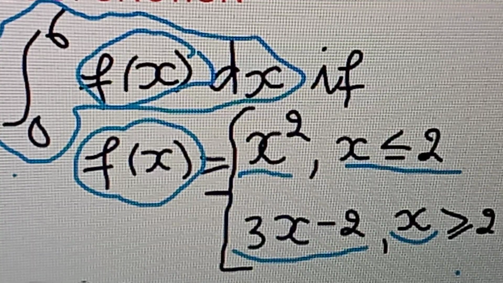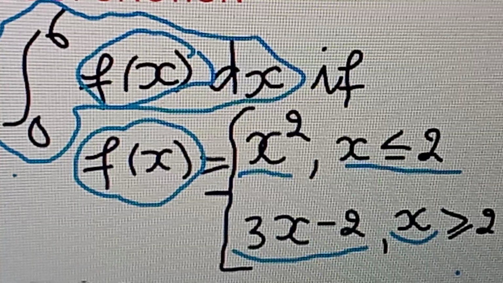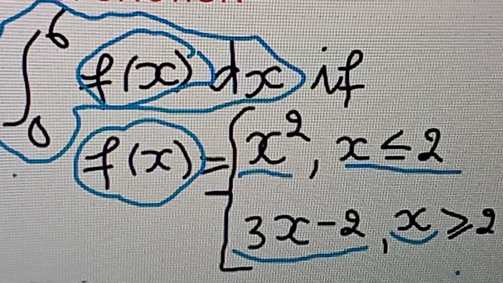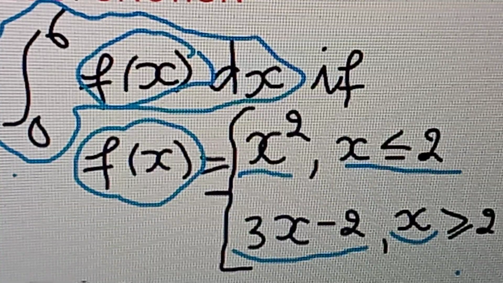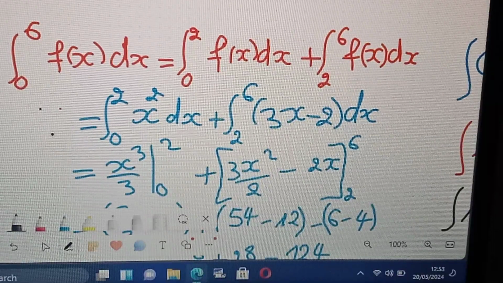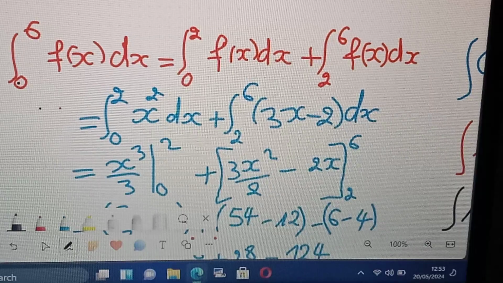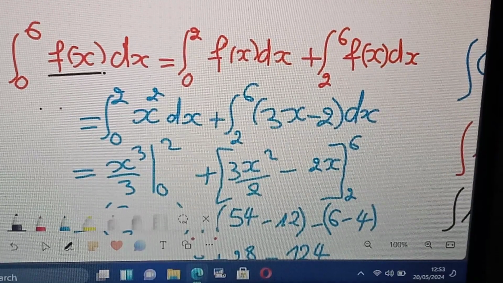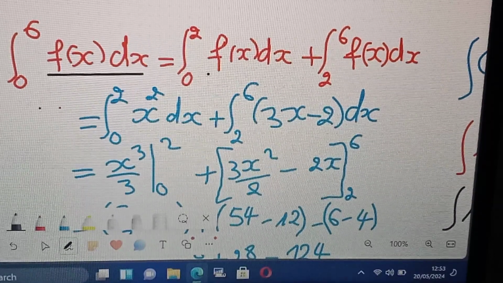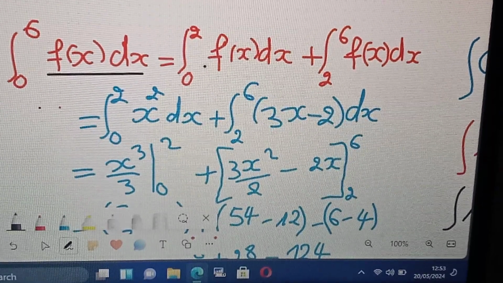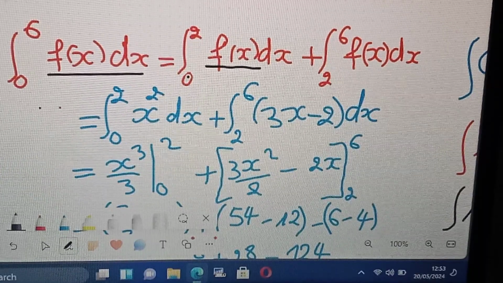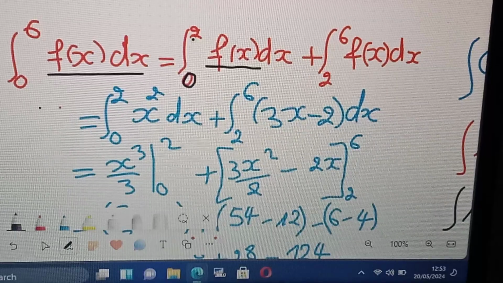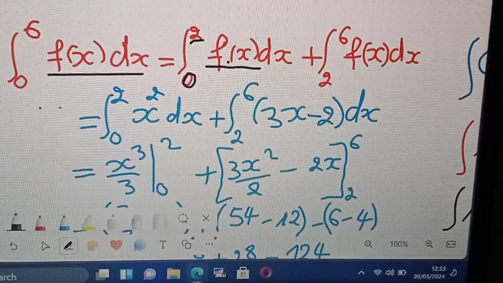Now, we are going to see which technique we use to integrate this kind of function. Let's follow. Integrating from 0 up to 6 of f of x, which was defined, is equal to the integral of f of x from the first boundary, from 0 up to 2, of the first function.